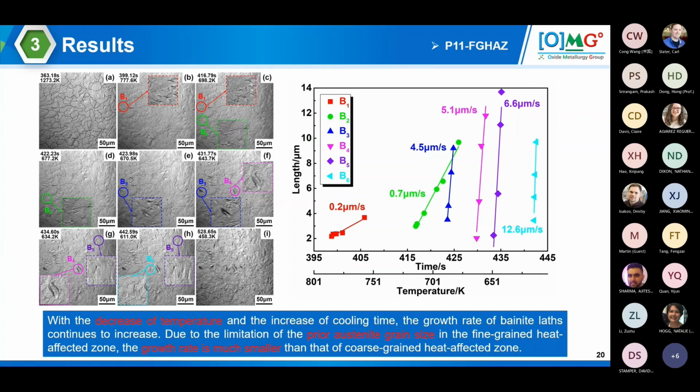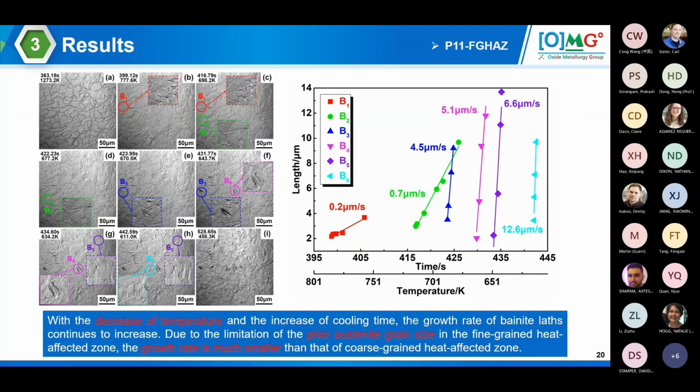In general, they are about a few micron per second, which is much lower than what you're seeing from the coarse-grained ones. They are essentially limited by the PAG, prior austenite grain size here, and the growth rate is much slower.